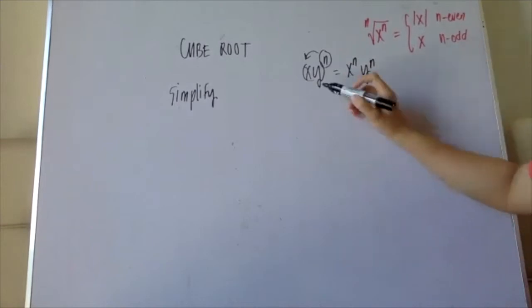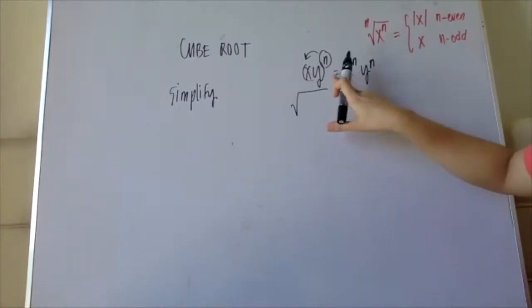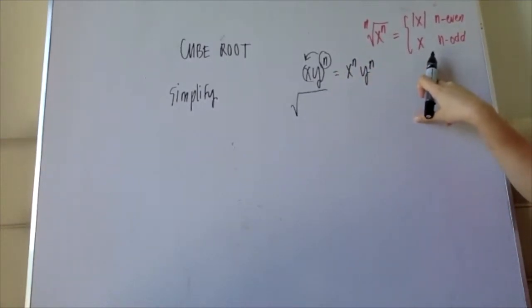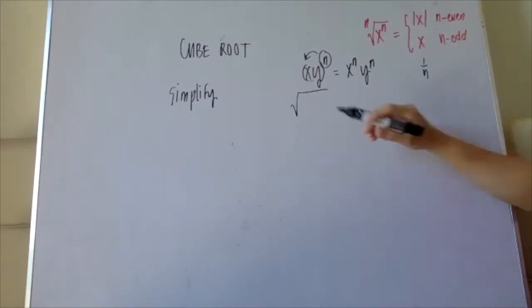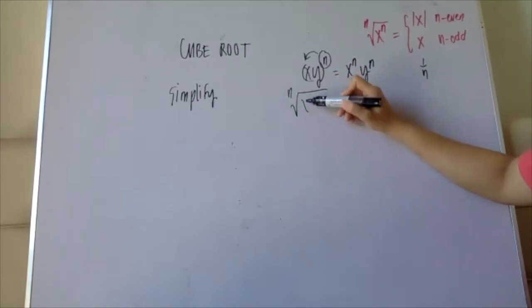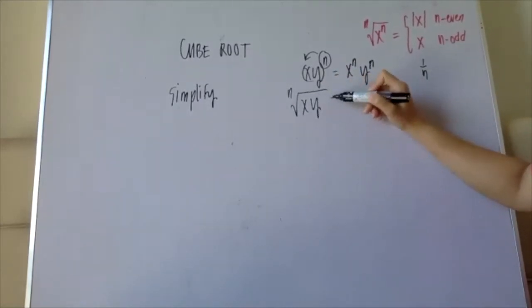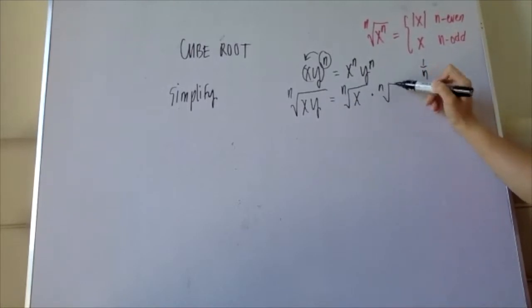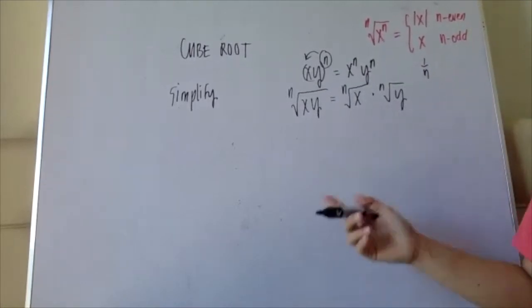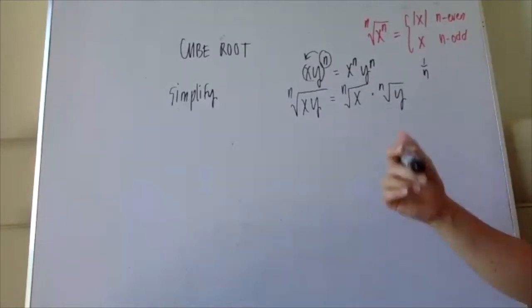Pero yung proof nito, dumaan muna sa rational exponent. Remember your rational exponent or fractional. So, if you have nth root of x times y, this is just equal to nth root of x times nth root of y. Okay, paulit-ulit lang ako dyan, pero para maalala nyo.